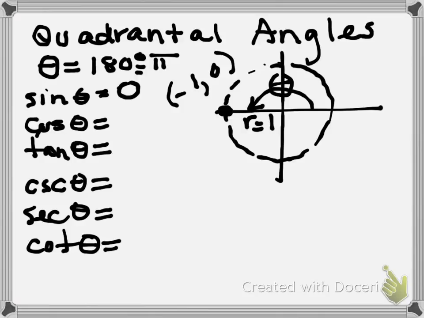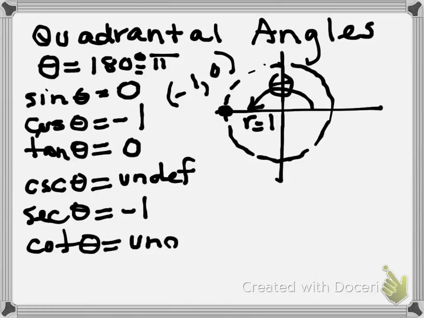The cosine is equal to x over r, -1 over 1 is -1. The tangent is equal to y over x, 0 over -1 is 0. Now the reciprocal of sine, which is r over y, is 1 over 0, and that's undefined. We can't have 0 in the denominator. The reciprocal of -1 is -1, and the reciprocal of 0 is undefined.